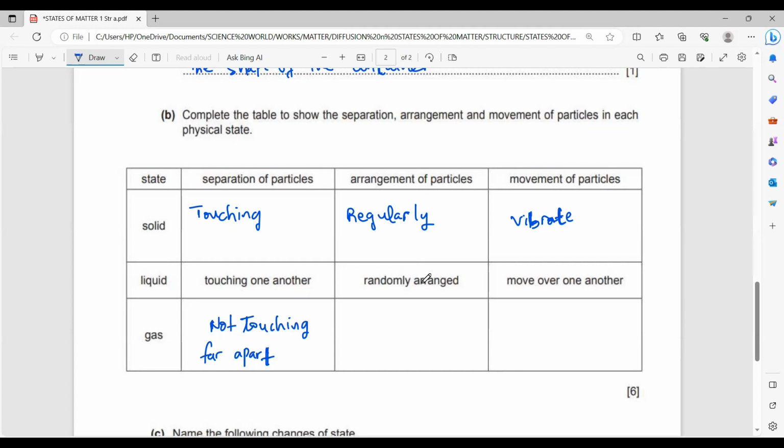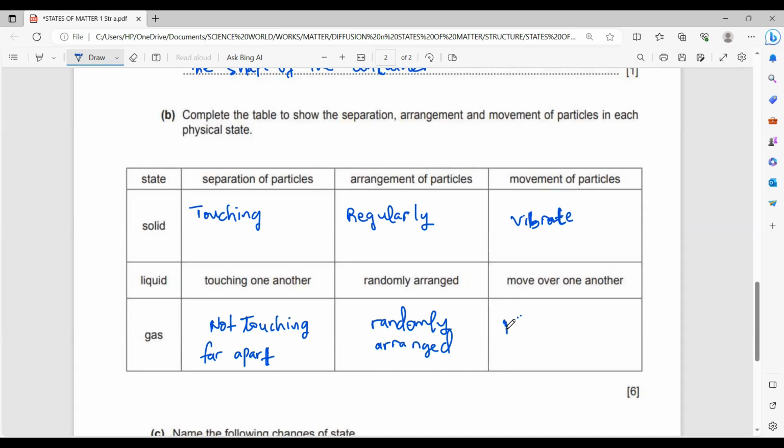Now, randomly arranged for liquid particles. What about gas particles? They are also randomly arranged. For movement of particles, the particles move randomly.